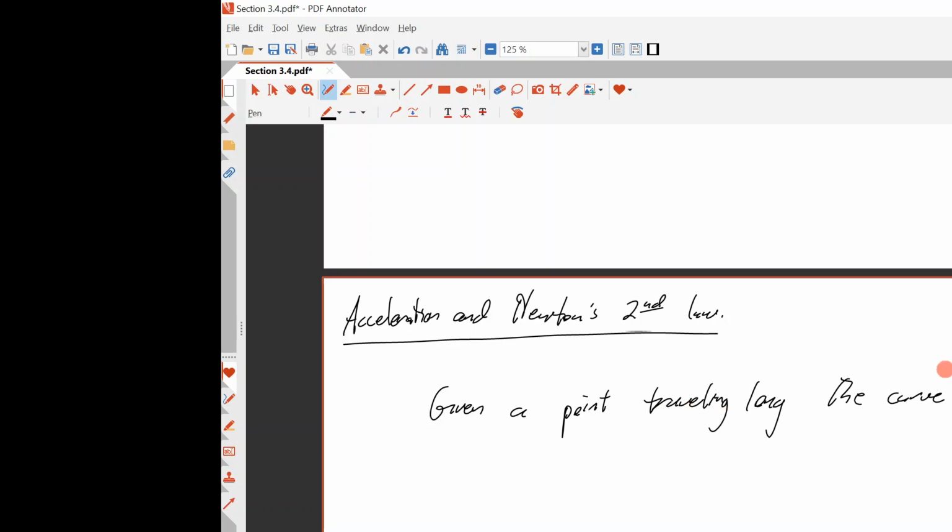So given a point traveling along the curve r of t, again where t is time, acceleration a of t is the second derivative of r of t.